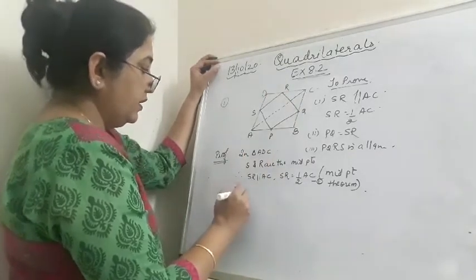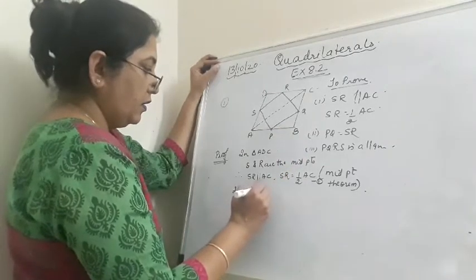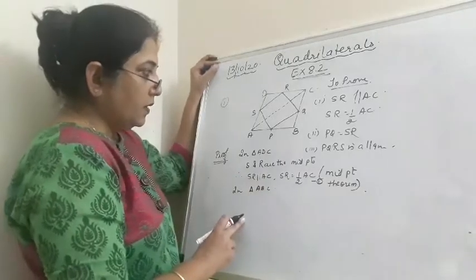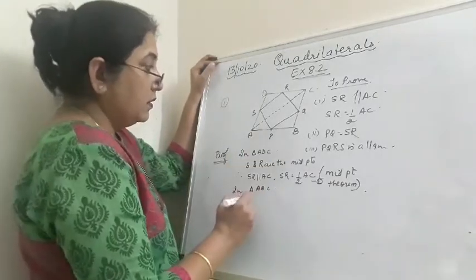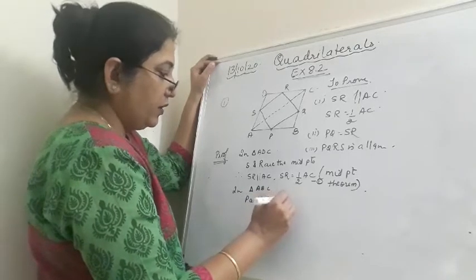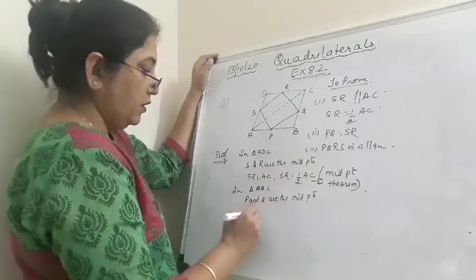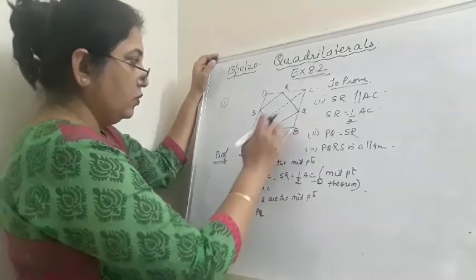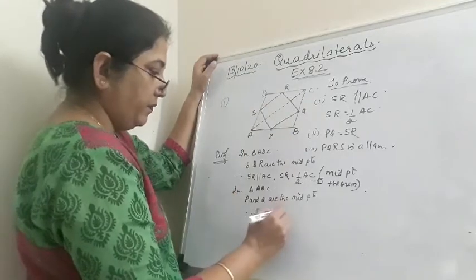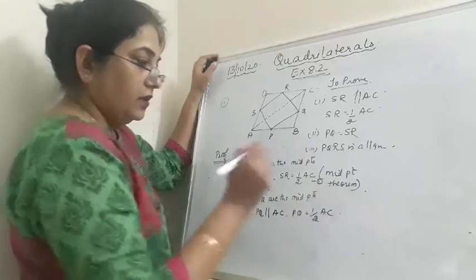Now similarly, in triangle ABC, P and Q are the midpoints of the given sides, therefore PQ is parallel to AC and PQ is equal to half of AC.